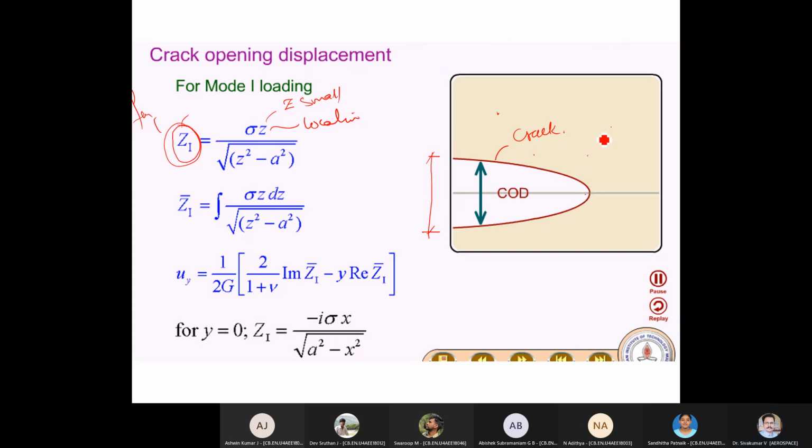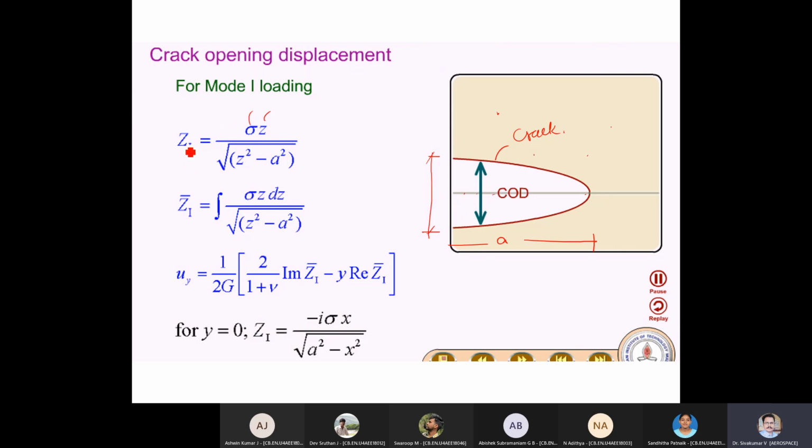So what is this particular Z1? I told you, this is a function: stress into Z into root of Z square minus A square. A means this one, and Z means the location at any point.